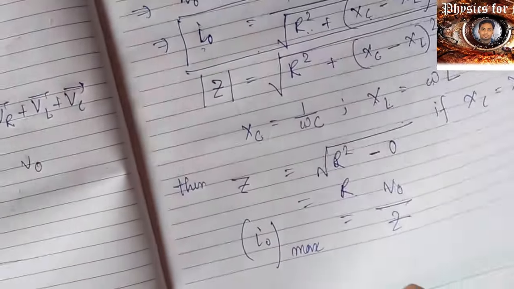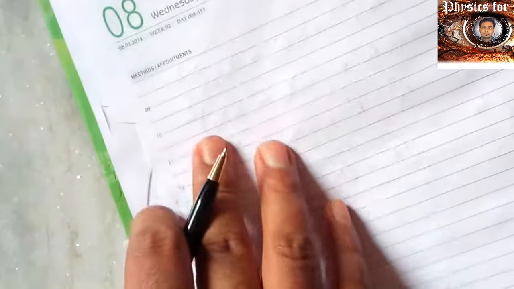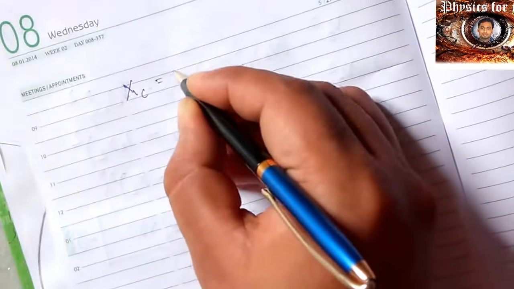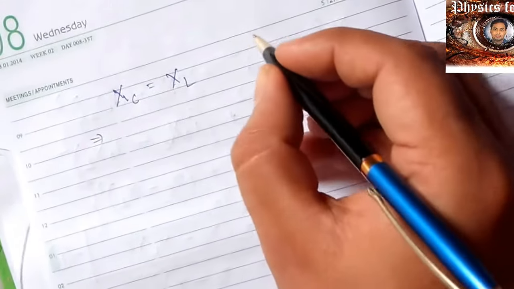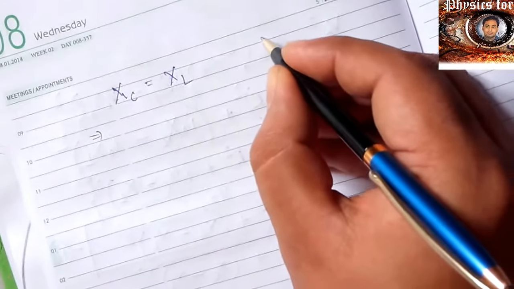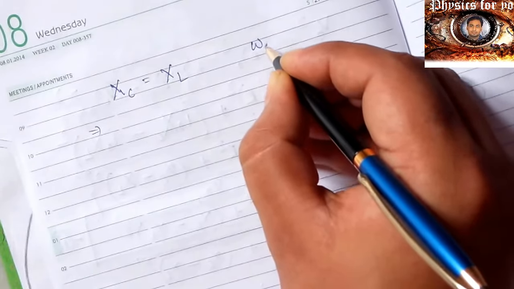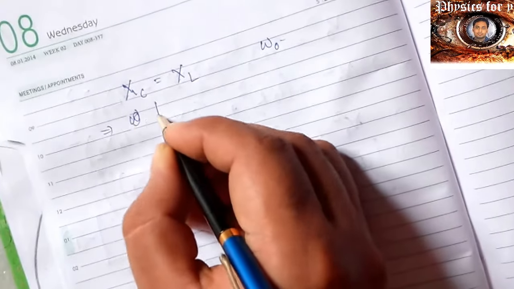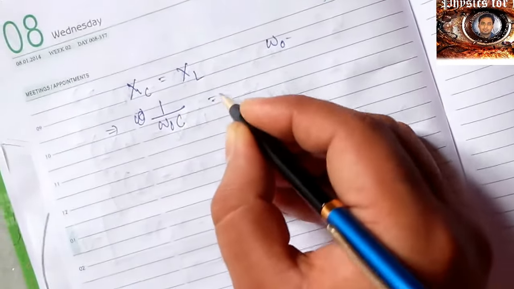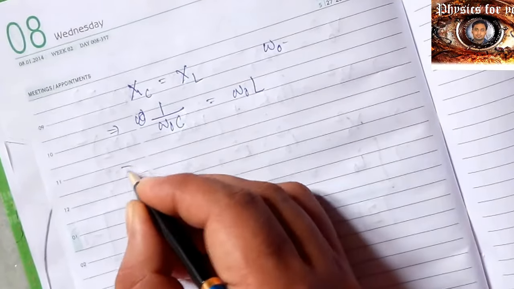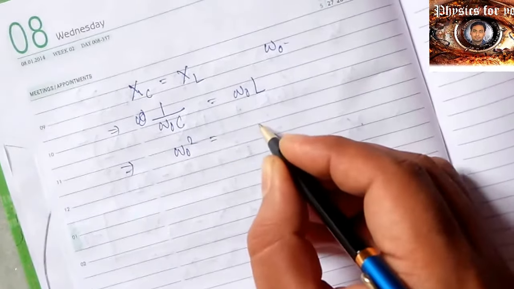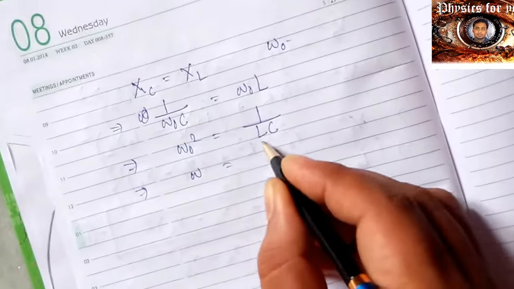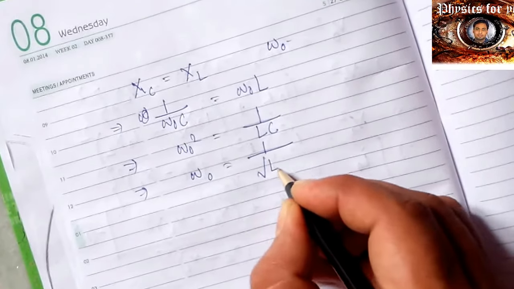So see the condition of series resonance as I have stated. For series resonance, XC is equal to XL. So let the series resonance take place at a frequency of the driver, at the angular frequency omega naught. So XC equal to 1 by omega naught C and XL equal to omega naught L. So omega naught square equal to 1 by LC, or omega naught equal to 1 by root of LC.